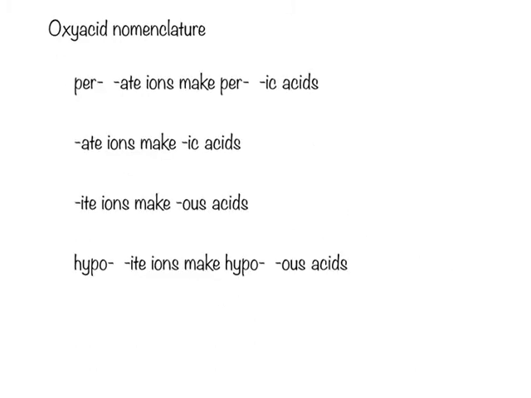For oxyacid nomenclature, we need to take a look at the oxyanion. And if we know that oxyanion, we can determine what the acid nomenclature would be. So a per-ate ion makes a per-ic acid. So for example, HClO4 is perchloric acid because the ClO4 is the perchlorate ion.